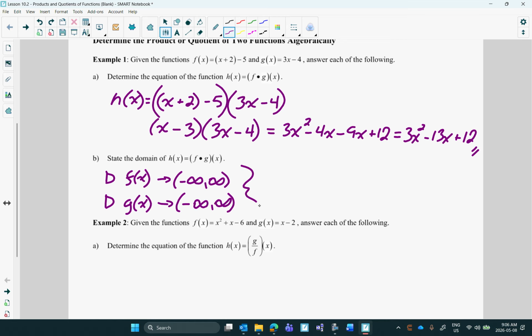So combined, the domain of f times g of x is negative infinity to positive infinity. Right?